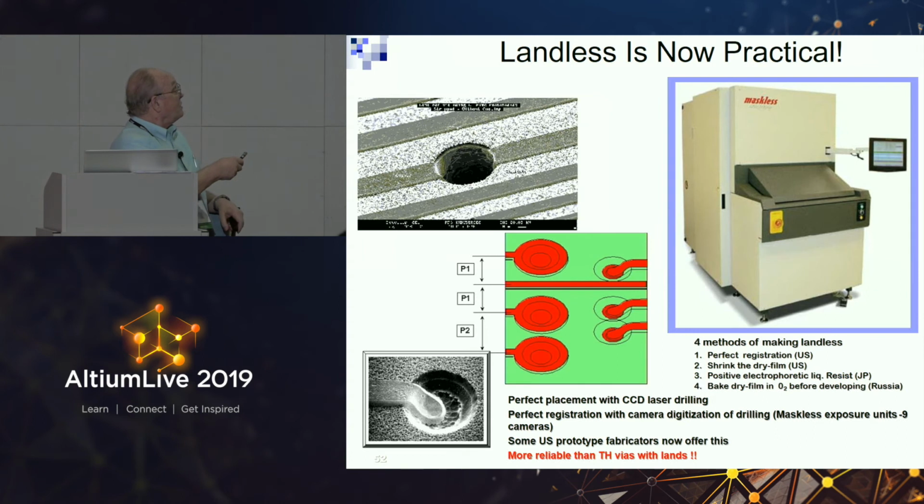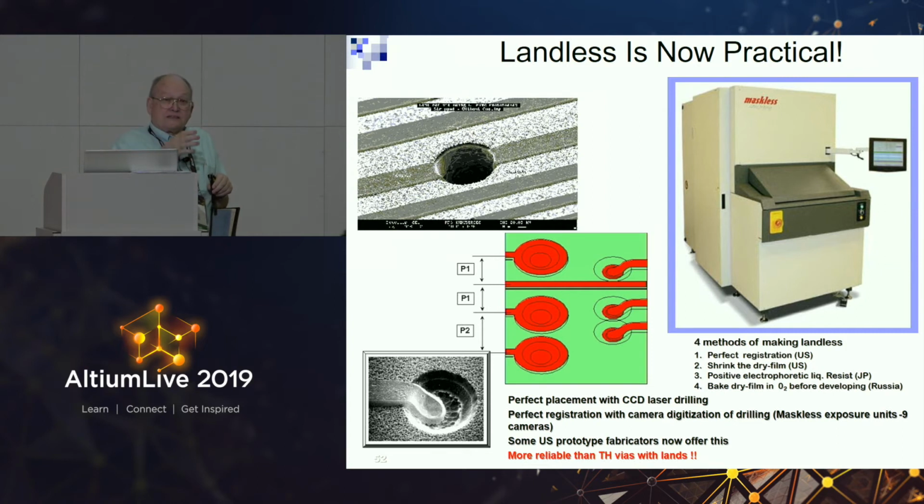So if you go to that machine right there, that is a direct imaging exposure unit. It has 9 cameras. So as the printed circuit board goes into the machine, the 9 cameras measure every hole on the top and on the bottom. And in milliseconds, it morphs your artwork so that every pad is perfectly aligned as it's exposed and comes out of the machine.